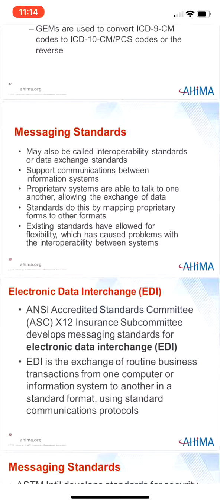EDI is the exchange of routine business transactions from one computer or information system to another in a standard format using standard communications protocols. ANSI ASC X12N was adopted by the HIPAA transactions and code sets. This standard is the messaging standard for many of the transactions covered by HIPAA, such as claims, eligibility inquiry and response, claim status inquiry and response, and payment and remittance advice.